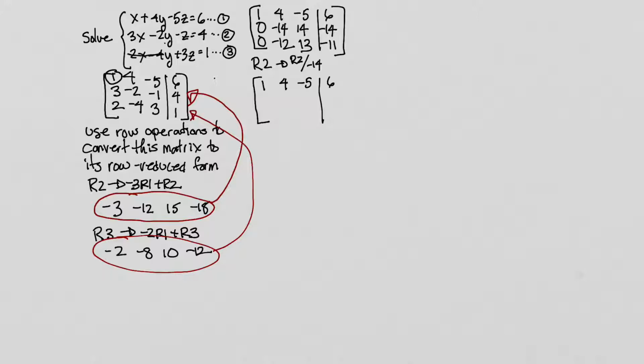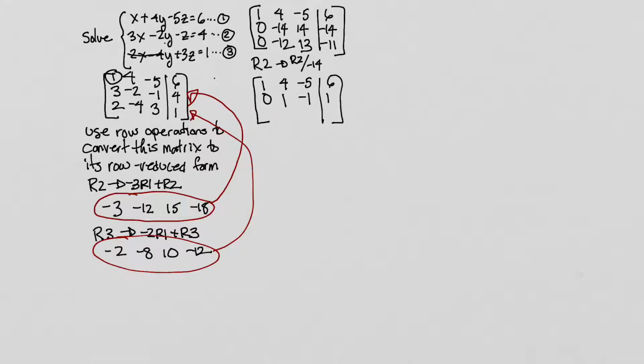So let's divide all these by negative 14. So we're going to get 0 divided by negative 14 is 0. Negative 14 divided by negative 14 is 1. 14 divided by negative 14 is negative 1. And negative 14 divided by negative 14 is 1.